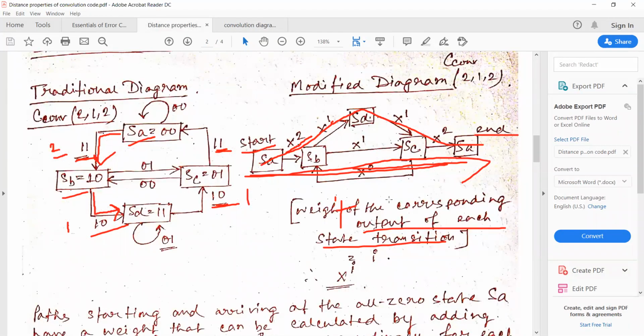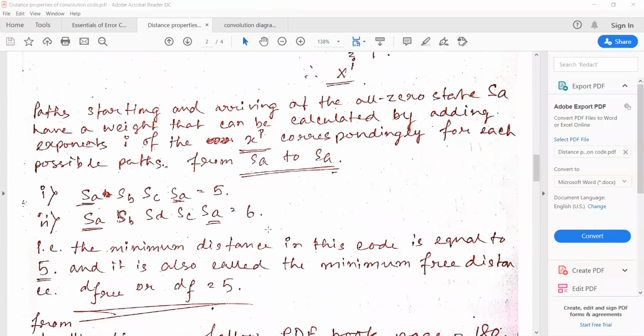so here the thing is that there are two possibilities starting from SA and ending at SA. So I've written here, let me erase it. Okay, paths starting and arriving at the all zero state SA.